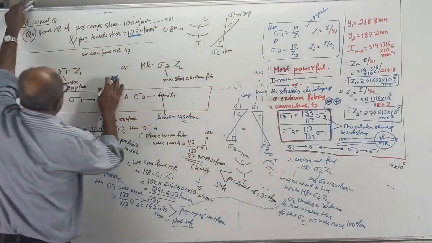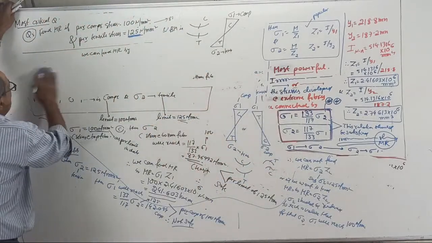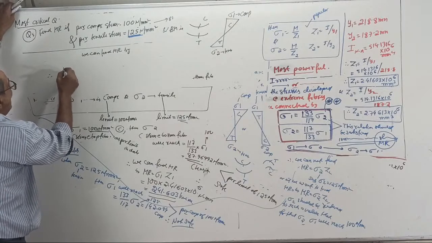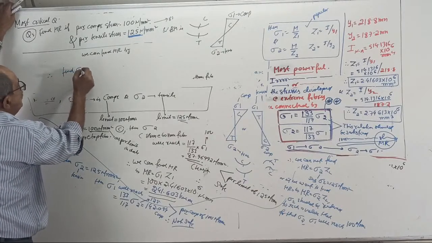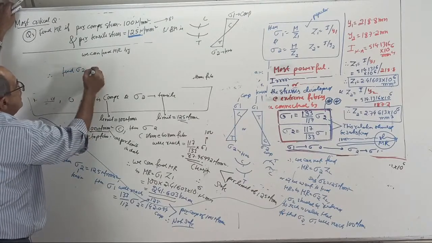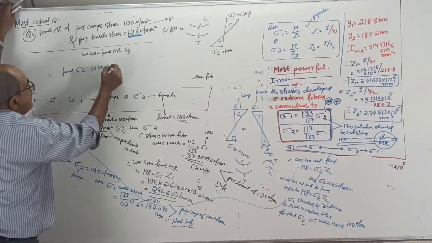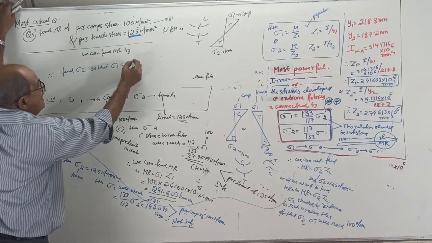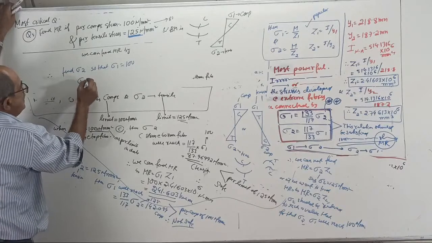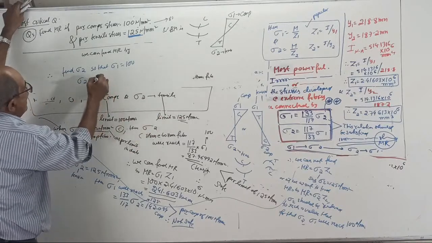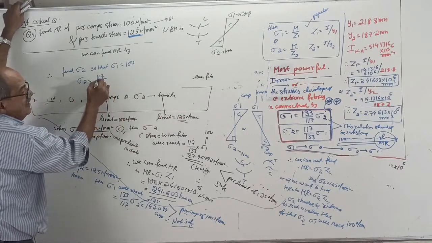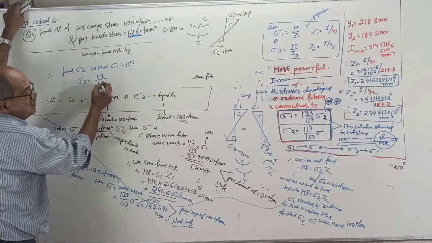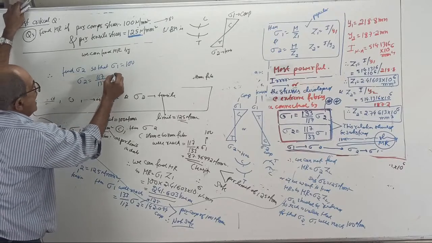Therefore, what you have to do? Find sigma 2 so that sigma 1 is limited to 100. That is sigma 2 equal to, where is it? 117 by 133 sigma 2 into sigma 1 is 100.